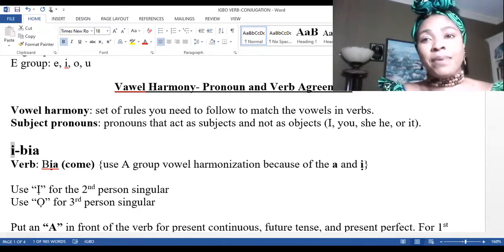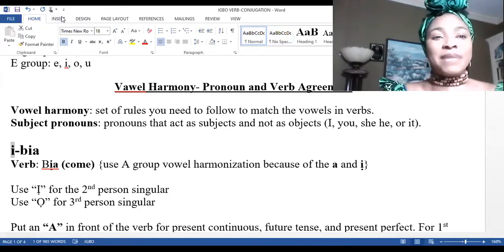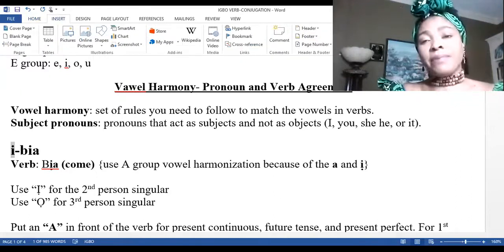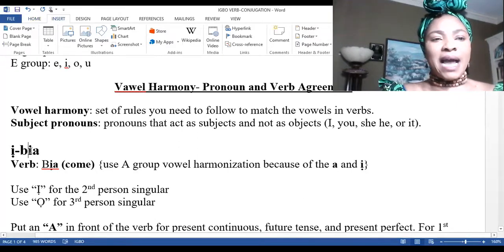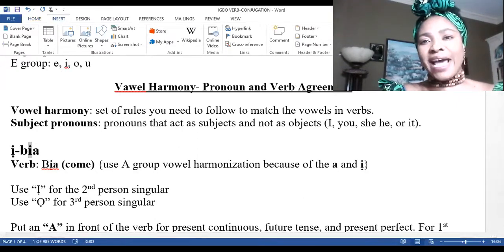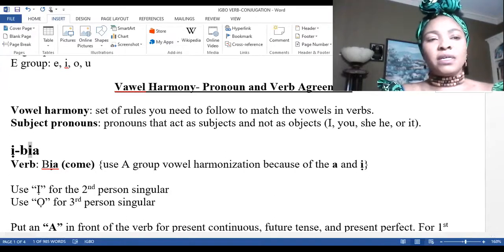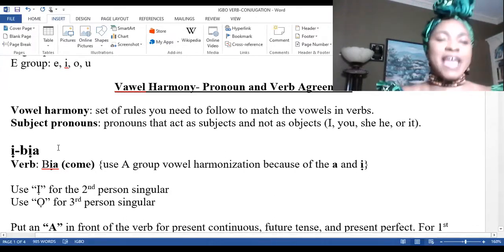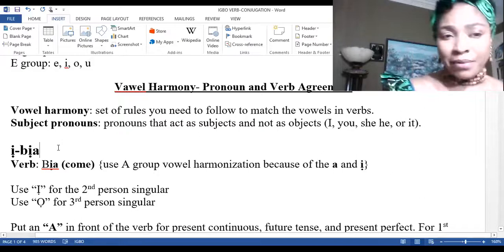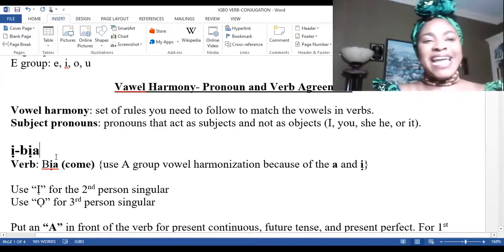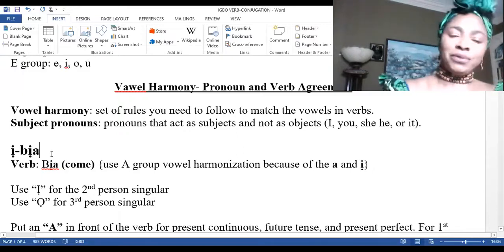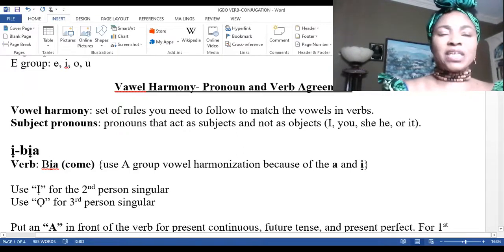If you don't know why, please make a note to ask me a question, and I'll be more than glad to answer. So we're going to make it I, dotted up and down, because of the A here. Now this is a verb, abia, okay? The verb abia. Now, abia means to come.